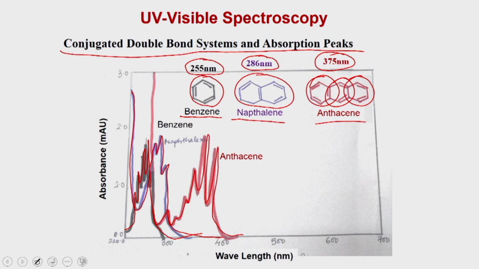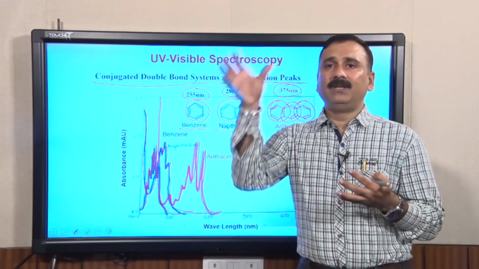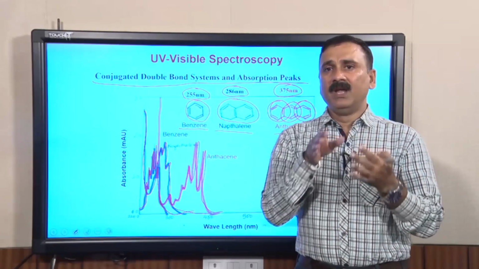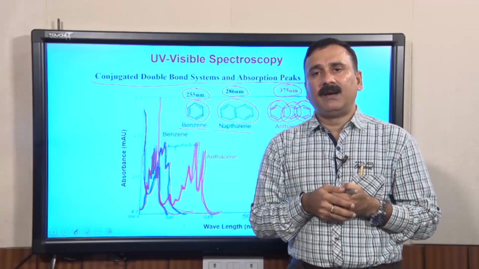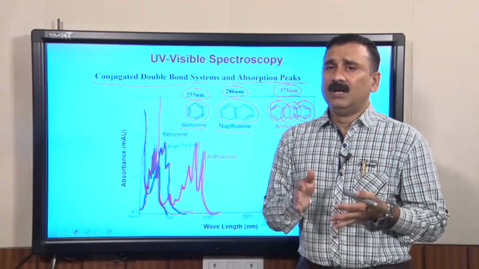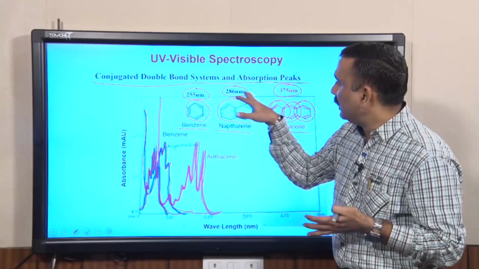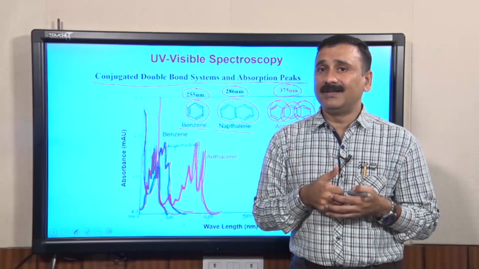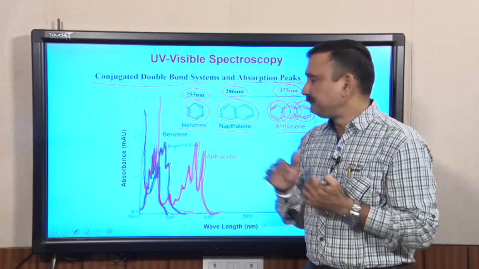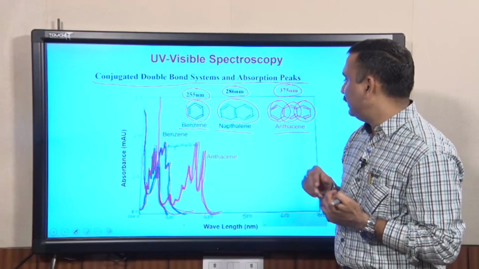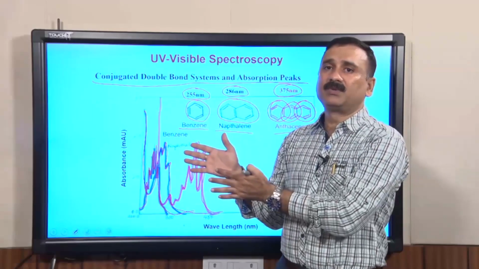So, apart from the appearance of a functional group, if you have a conjugated double bond system with a single ring, benzene, you see the lambda max at 255 nanometer. If you have the double ring, as in naphthalene, you have the lambda max at 286 nanometer, which means you are shifting further along. And then if you have anthracene, you have a further shift in the absorption spectra.